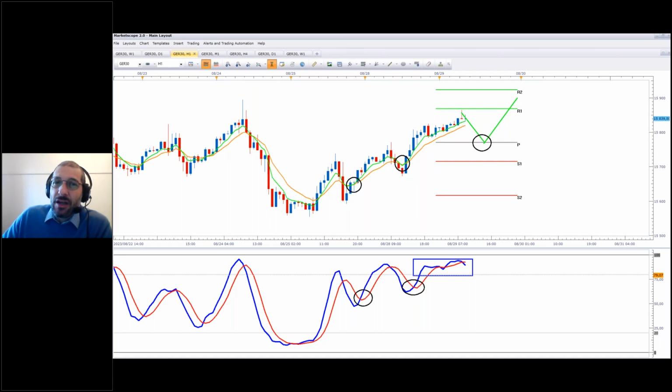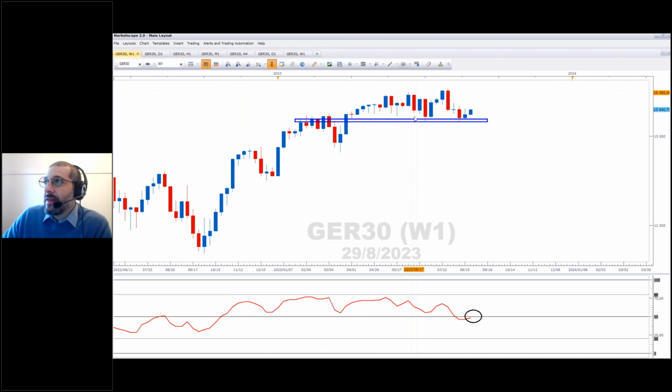I think with the dollar going up, it might be the reason why there's some sort of resistance here on the weekly chart. But I would say that the dollar tends to have the inverse relationship with DAX. Okay, so that's an interesting question, and I think we need to watch that relationship.